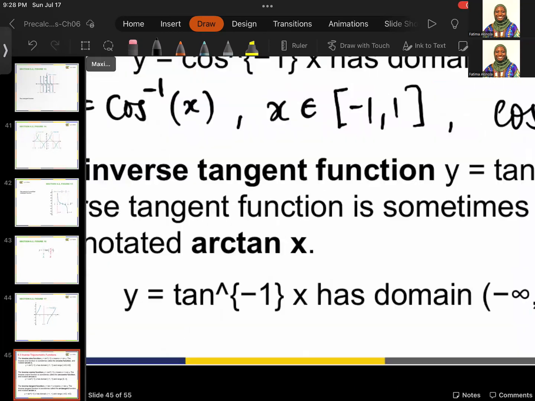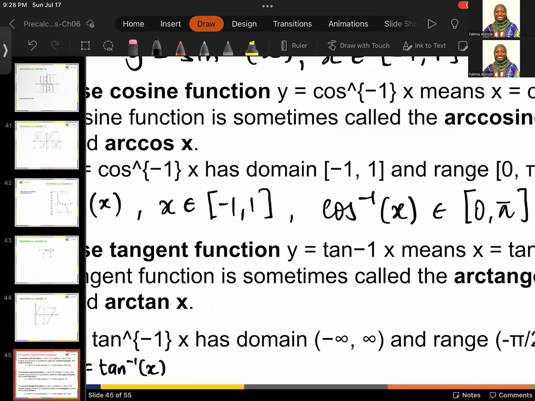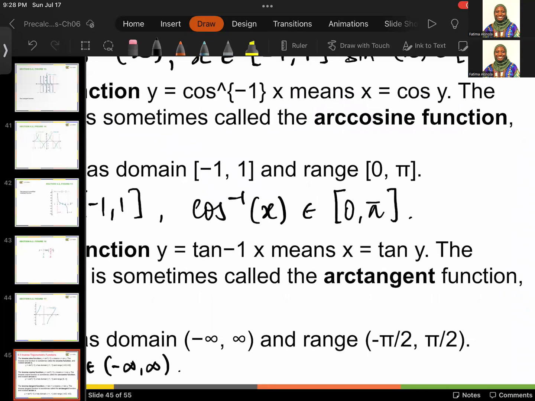And for tangent, we have y equal to tan inverse of x. I probably should have changed colors for this, but that is okay. This is valid over the entire real line, -infinity to infinity. And the range in this case is actually open. Remember, an open parenthesis in interval notation means that the end values are not included.